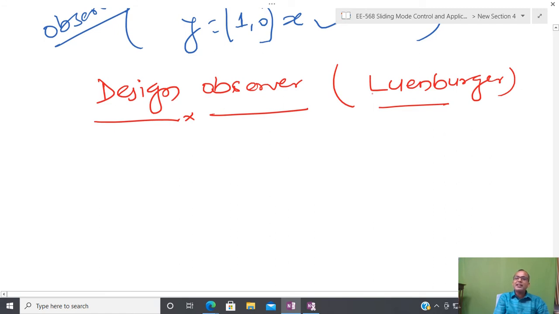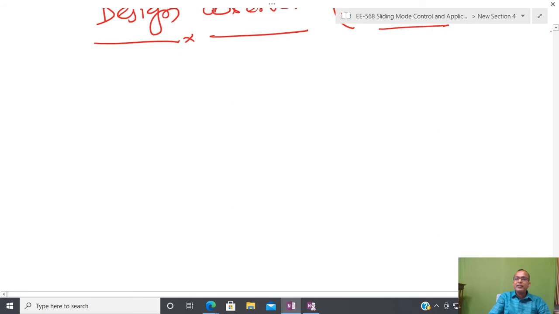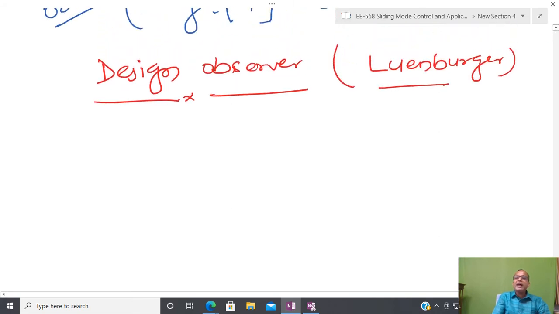So in today's lecture, first I am going to start with this simple observer, the Luenberger observer, and this observer is very simple and very elegant. If you see the theory of observers, at least 75% is dominated by this same construction as Luenberger.